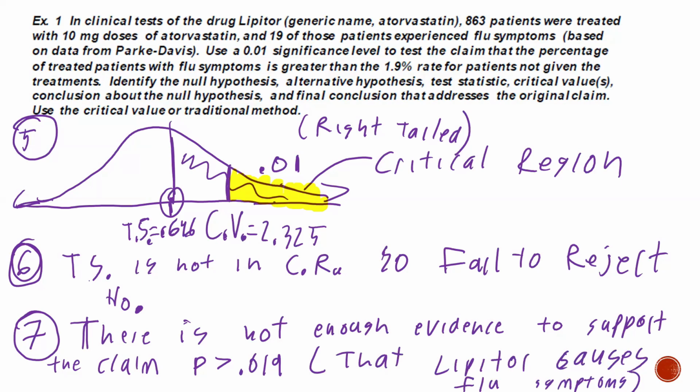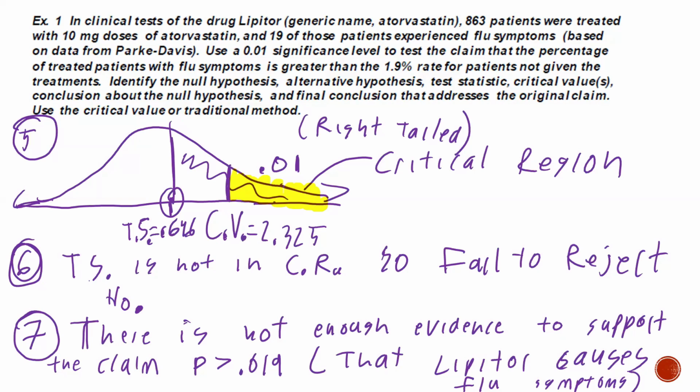Now, maybe it's true that that extra 0.3% really was caused by the Lipitor, right? Small effects are very hard to detect statistically. Perhaps Lipitor does something to a tiny portion of the population that makes them have flu symptoms.